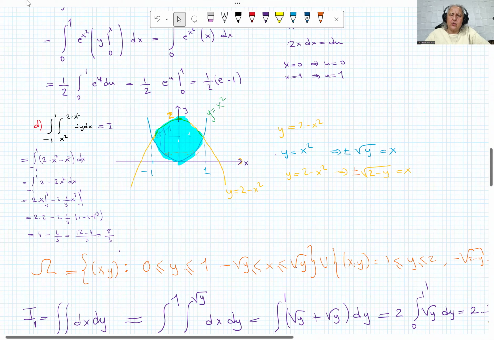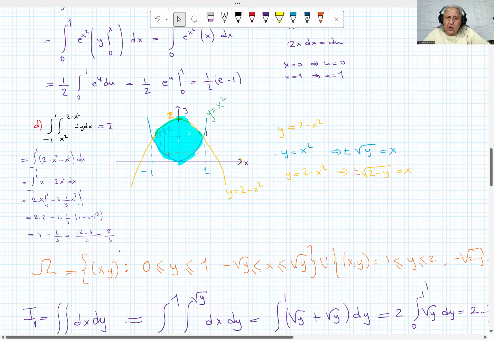Let's decide the region first of what this one says. So x is outside. It means that x ranges from minus 1 to plus 1. And y is equal to x squared, and y is equal to 2 minus x squared.